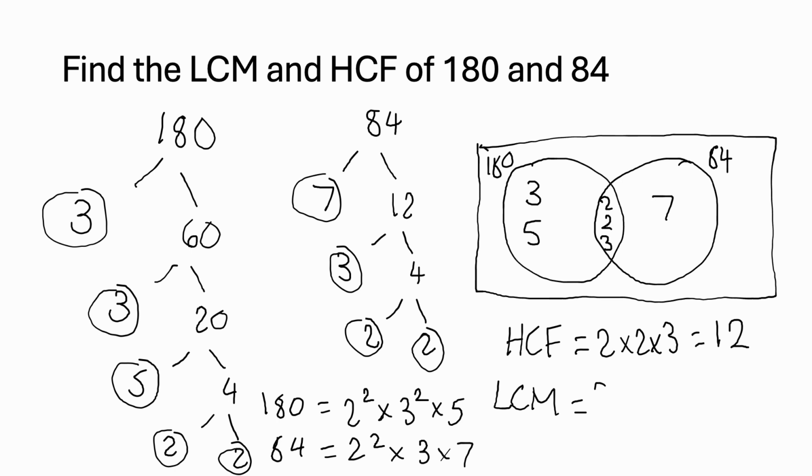So we're going to do 3 times 5 times 2 times 2 times 3 times 7, which we get as 1,260. So our highest common factor is 12 and our lowest common multiple is 1,260.